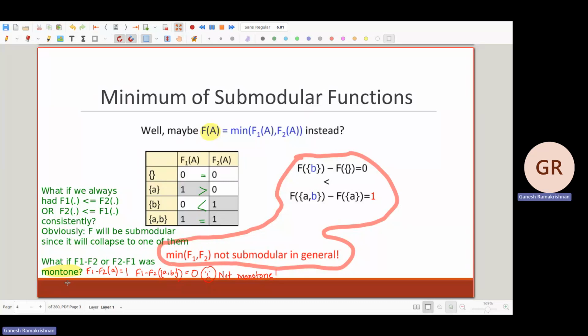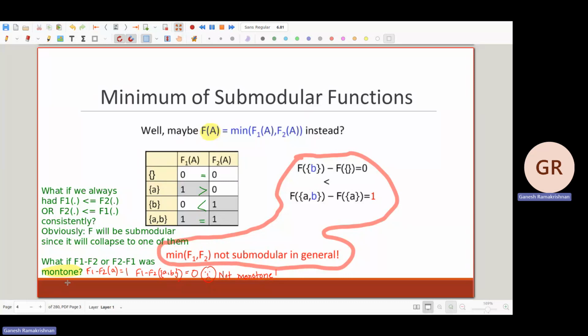Both F1 and F2 are monotone, so the min of F1, F2 is monotone. But what if F1 minus F2 or F2 minus F1 was monotone? Can we put some additional condition? Let's look at F1 minus F2. Is F1 minus F2 monotone?